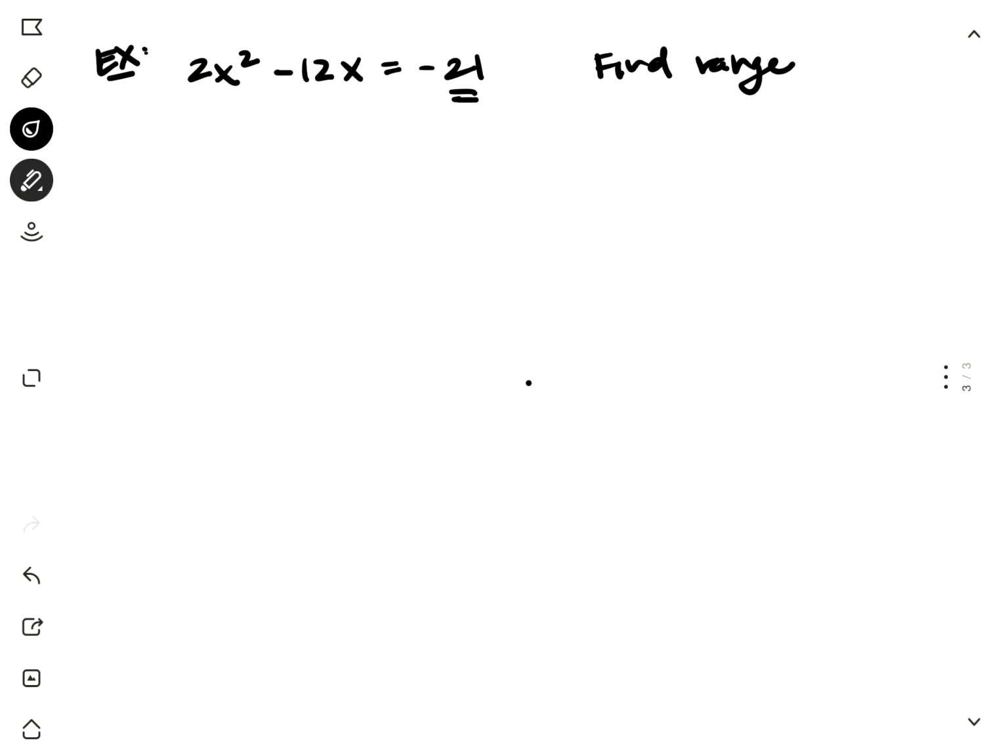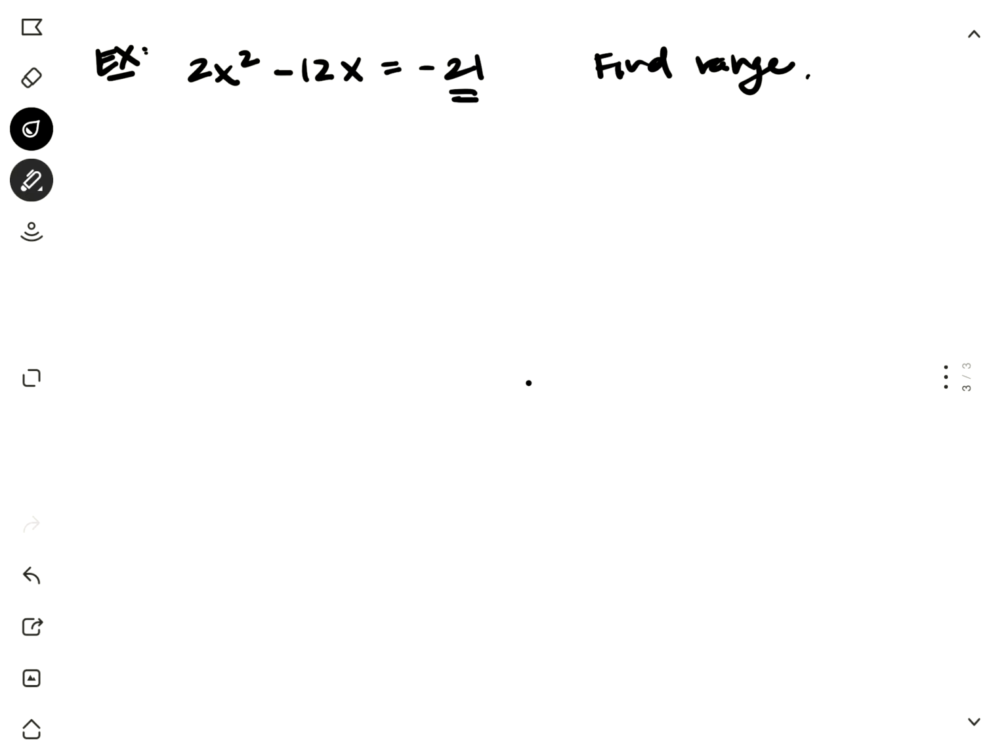So let's say that we have 2x squared minus 12x equals negative 21. All right, so sometimes they like to trick you. Notice this one. We have this equal sign, and we have the number on the other side. All right, I'm trying to find the range again.